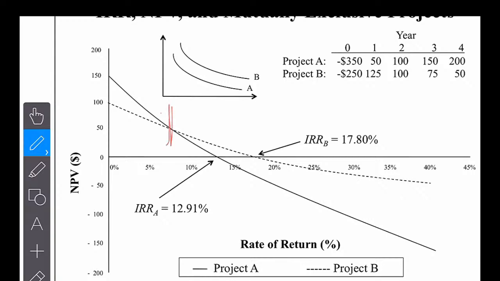We pick A because A is higher than B in terms of NPV, which is what we always fall back on, up until here, and B is higher than A after this point. So we need that point, okay? We also notice that we shouldn't do project A after here, and we shouldn't do project B after here.